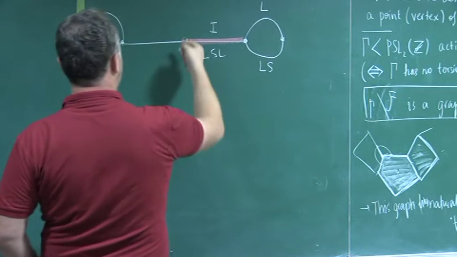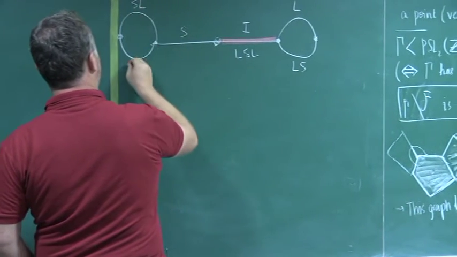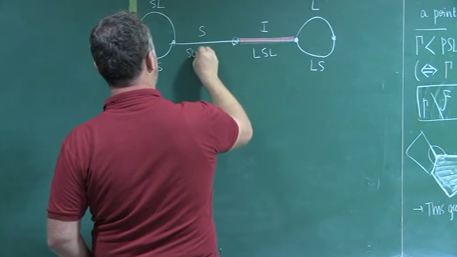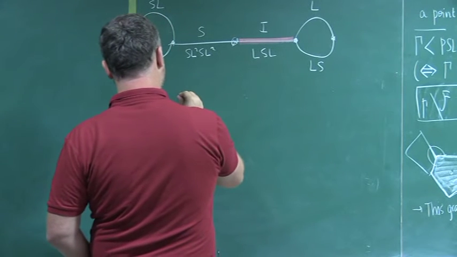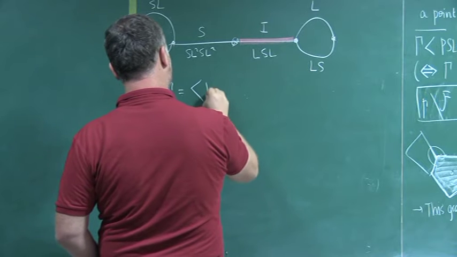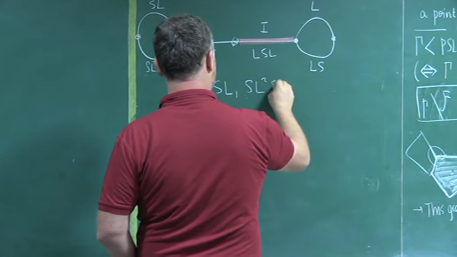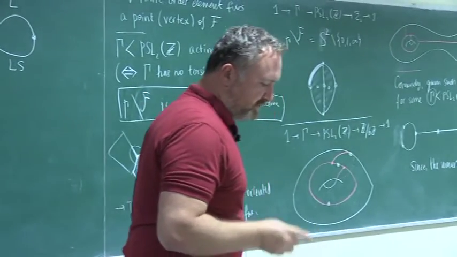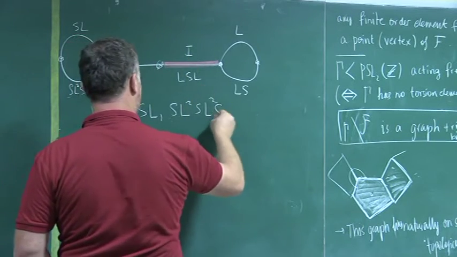And if I do the same thing here, it will be S, here SL, here it will be SLS, SLS square, and here SL square S, L square again. So the conclusion is that the corresponding subgroup, gamma in this case, is the subgroup generated by LSL and SL square S, L square, SL square, SL square. Well, I have one more S because from here I must come back to here, S.